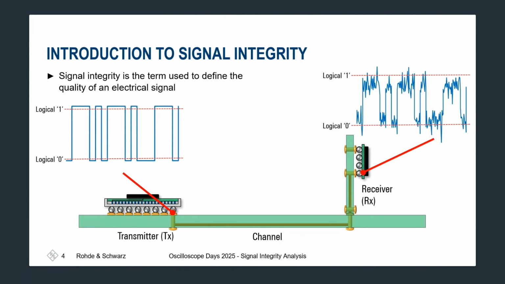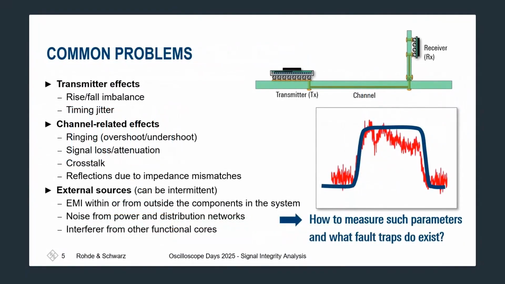There are quite a few reasons why these common problems might occur. There might be certain transmitter effects to look out for, such as rise and fall imbalances and timing jitter, which is in line with the clock running at the same point, whether this is an embedded or a parallel system.